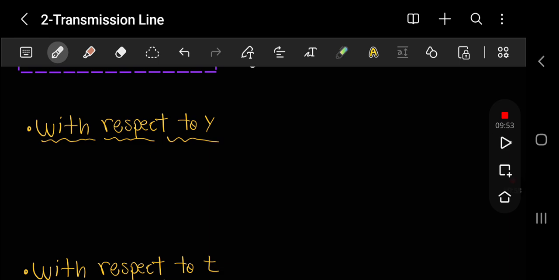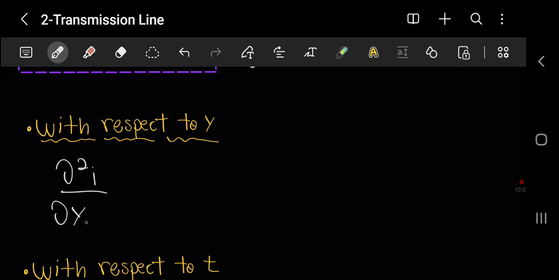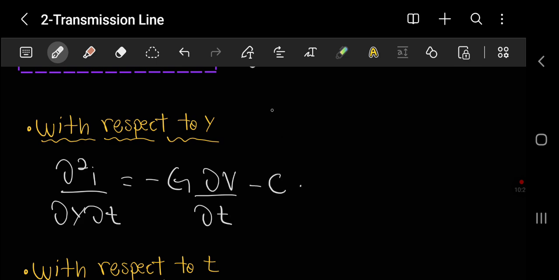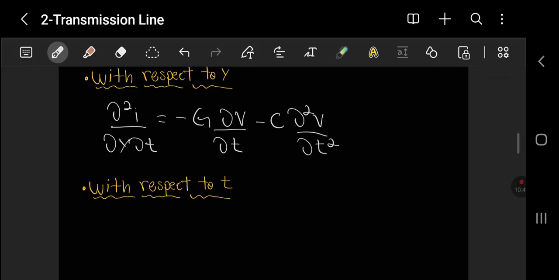First with respect to y, we're going to obtain the second partial of I with respect to partial y times partial t, which is equal to minus d times partial v with respect to partial t minus c times the second partial of v with respect to partial t squared.